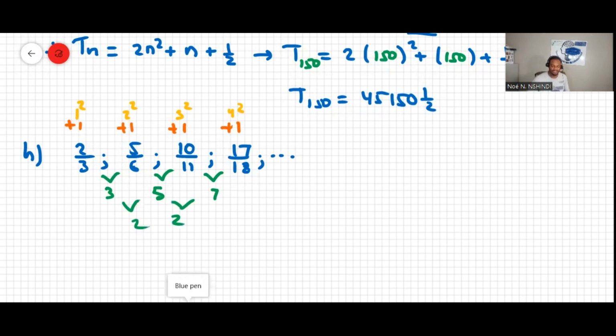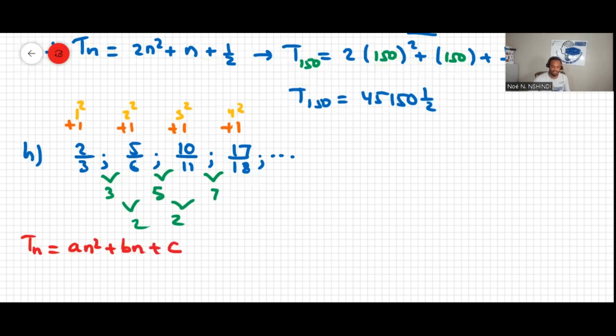Then we can say at the denominator, this will be Tn, a linear pattern. Remember how we do? I'm saying the denominator here makes a quadratic pattern, I mean, not a linear pattern. So we do know that the quadratic pattern Tn is given by an squared plus bn plus c.